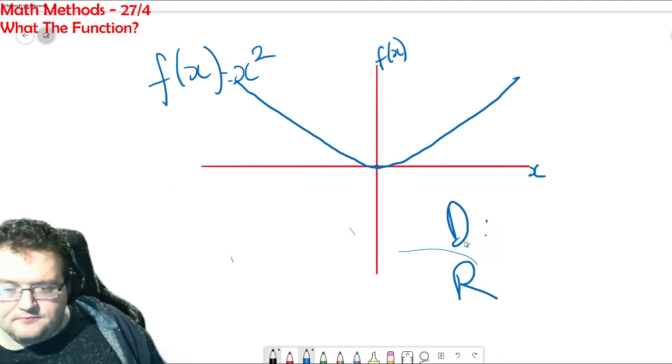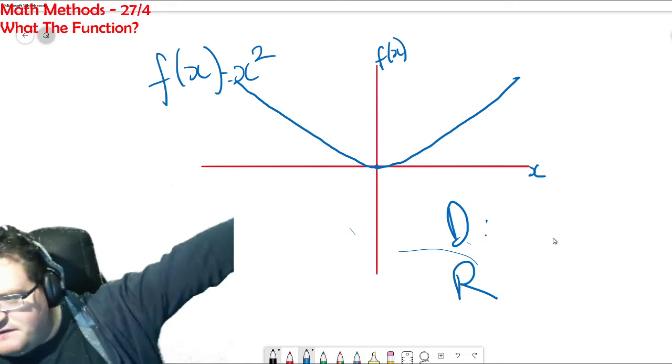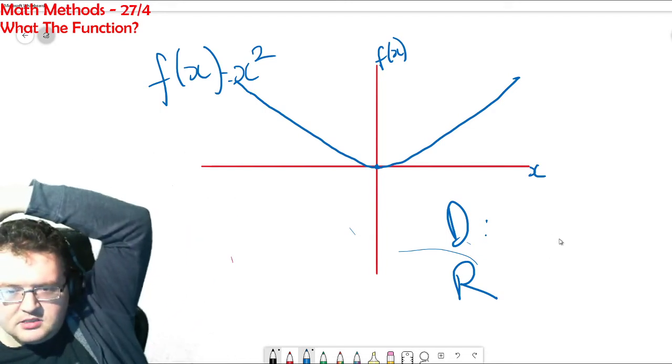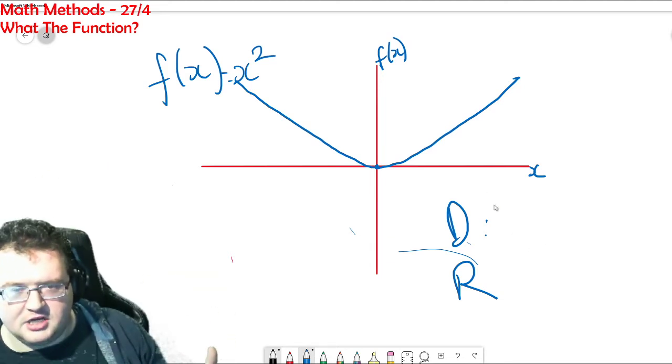All right. So our domain can be negative infinity to positive infinity. All right. So we can have our cake and eat it too.